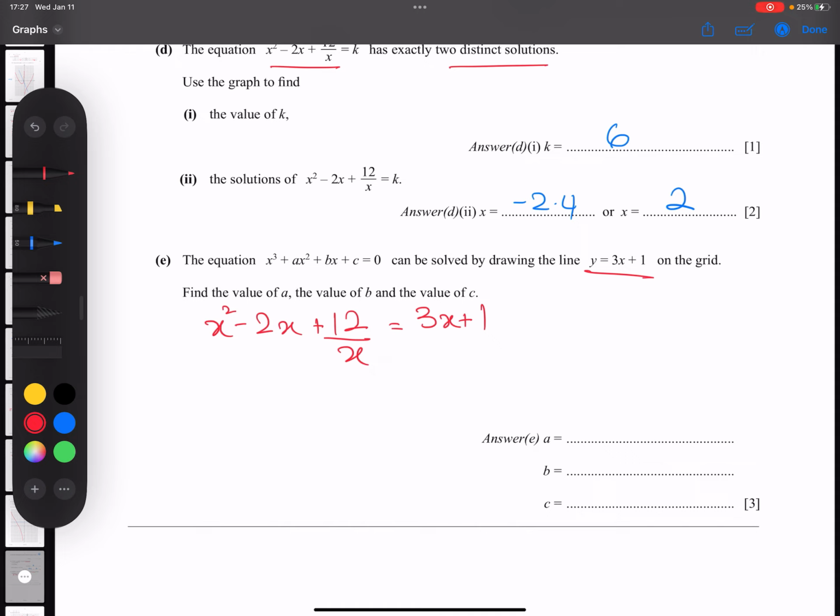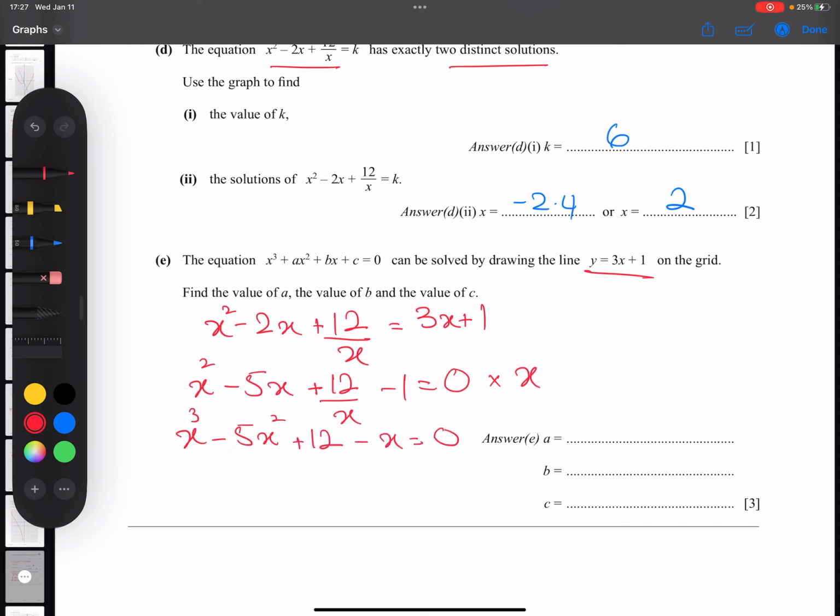After that, I'm going to take the 3x and the 1 to the other side. So x squared minus 5x plus 12 over x minus 1 equals to 0. Then I'm going to multiply everything by x. x to the power of 3 minus 5x squared plus 12 minus x equals to 0.